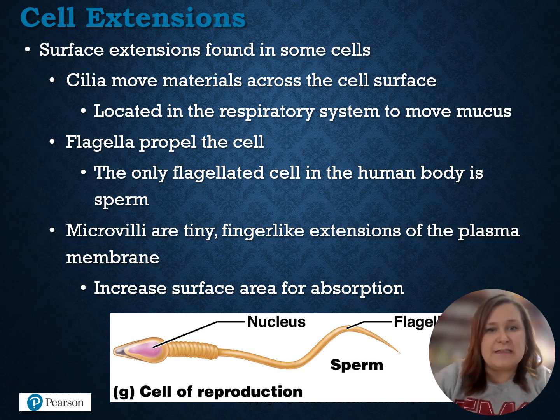Flagella are going to be things like the tail on the back of a sperm. The only flagellated cell in the human body is going to be sperm. And then we're also going to have microvilli, and microvilli are like tiny little finger-like extensions, and they come out of the plasma membrane, and the function of microvilli is to increase the surface area for absorption.